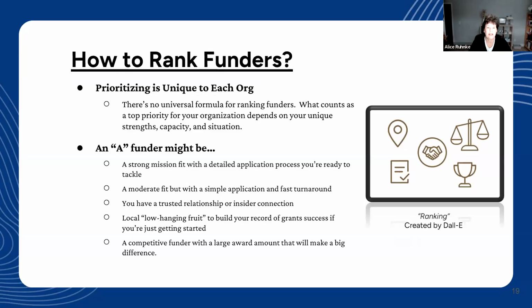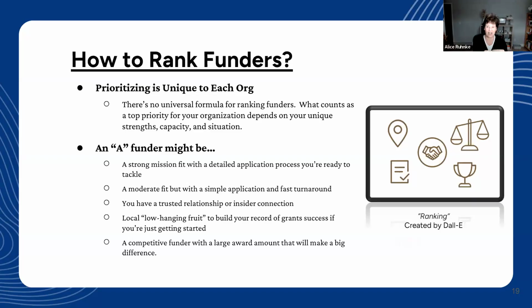When we are looking at and ranking funders, one of the things I encourage you to do is to look local first. Look at your local community foundations, look at your local businesses, and build those relationships first on the ground level. And then you can scale up to more regional or national funders or corporations.